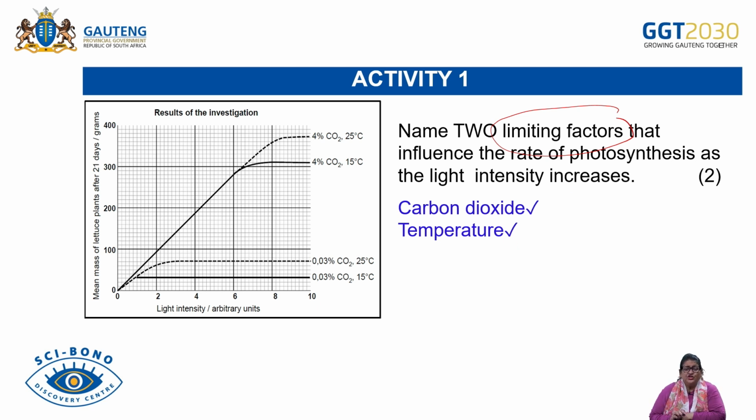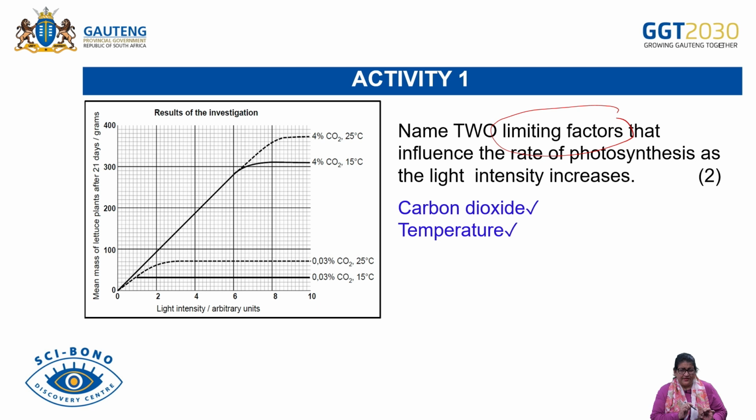If they ask you, learners, to explain the 2 limiting factors affecting the rate of photosynthesis as light intensity increases, when they ask you to explain, you cannot just list a factor. Then you've got to give a reason why CO2 and temperature are limiting factors.